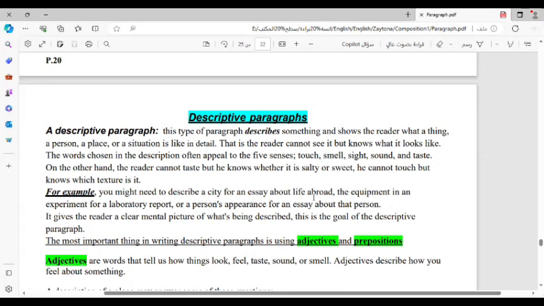And prepositions: when you are describing a place or a city or some land, you need to say, for example, upon, on, in, across, behind, in front of. Those are prepositions, so you need to use them in order to explain something or describe a place.